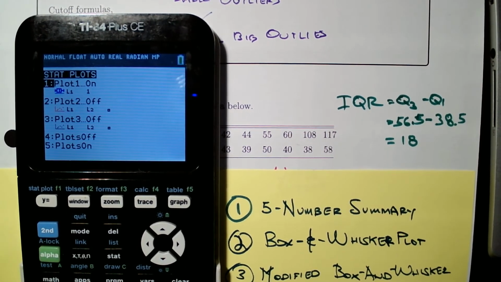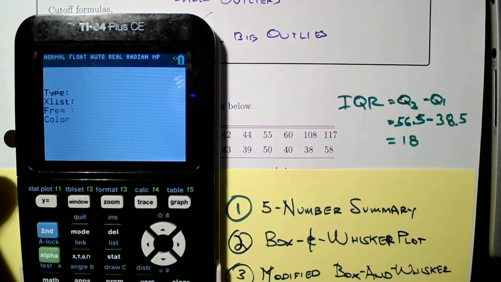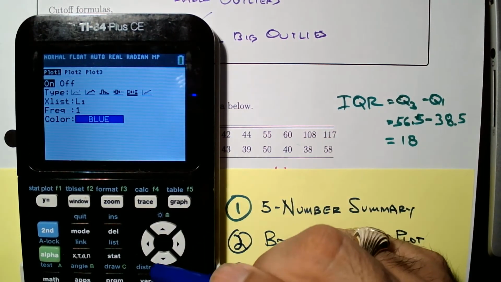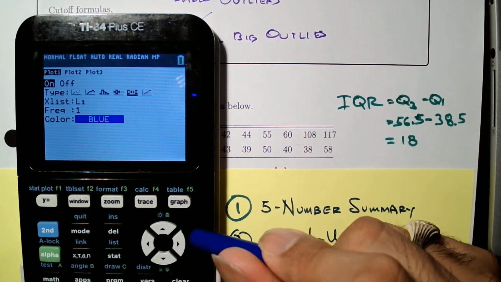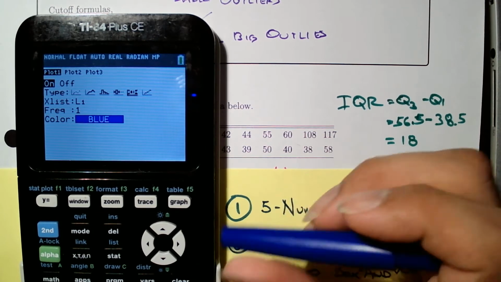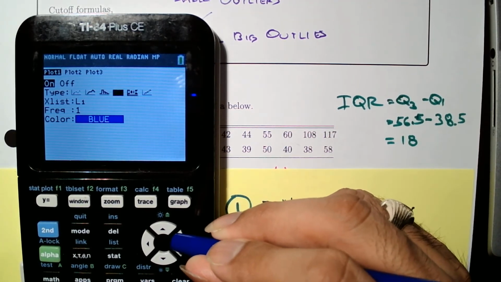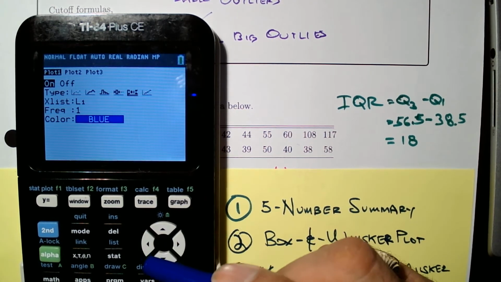I'm going to choose the first one. Be sure it's on. Click enter, and then be sure it's also on here. Now, when it comes to type, you will see a few different graphs. There's another that looks like box plot.